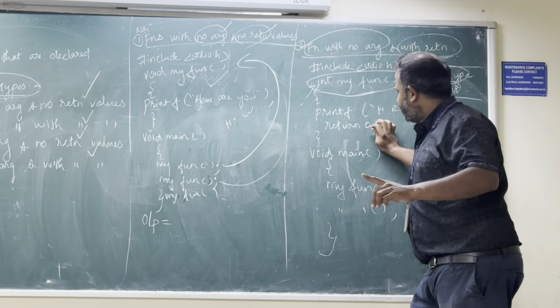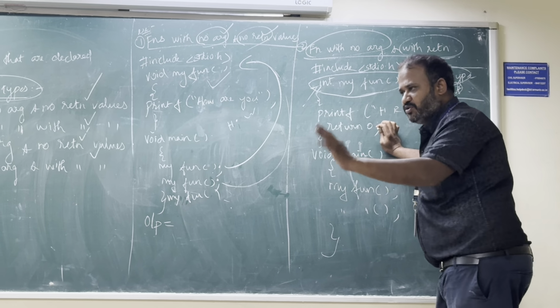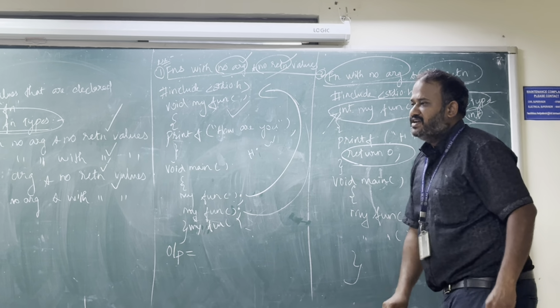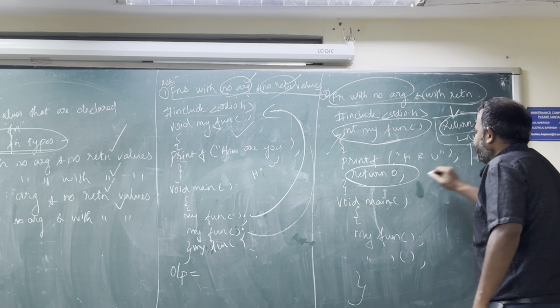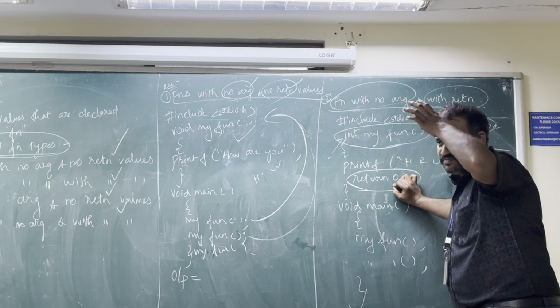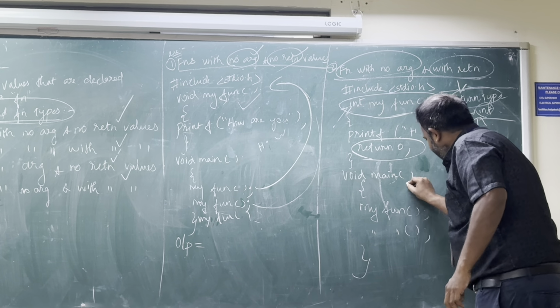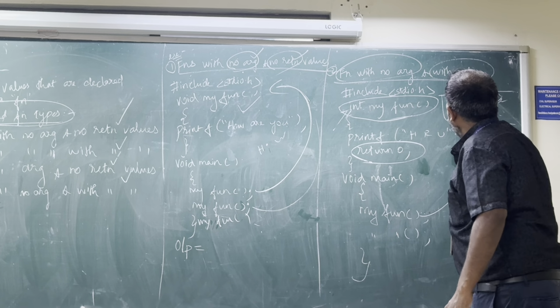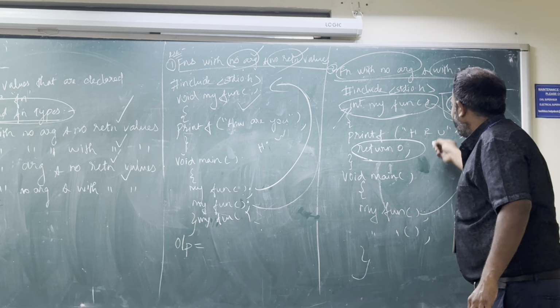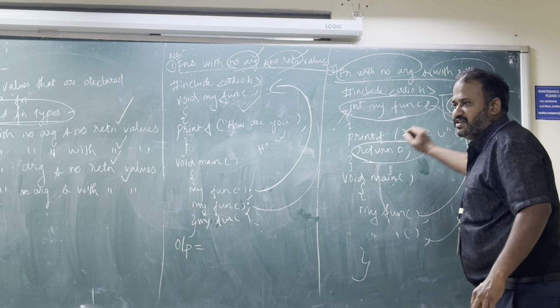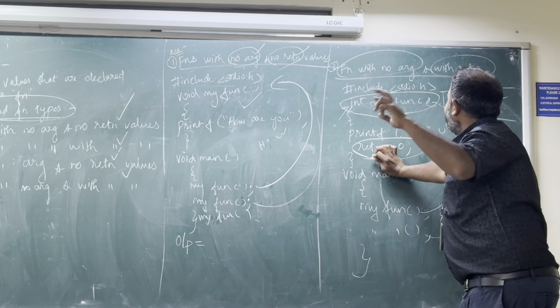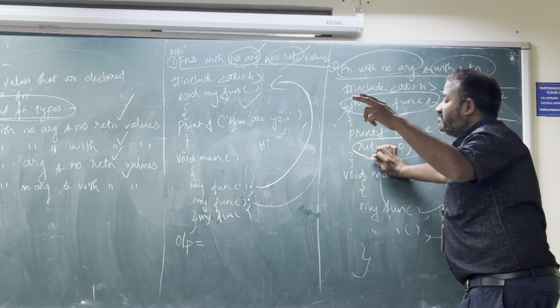Apart from that, the program is the same. So printf how are you. If it is a return type, you have to give return 0. Then void main, the same main function, it will go to the main function, check and produce how are you. So this is your function with no argument with return values.